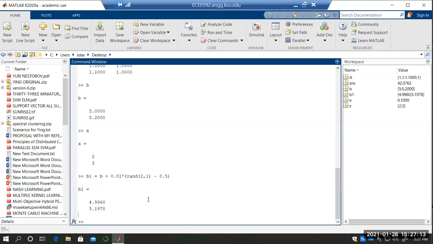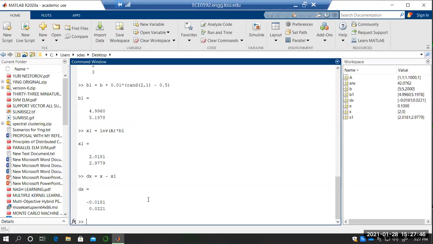Now x1 equals inverse of A star B1. This is x1. And how does it compare with x? dx, delta x, the error, is equal to x minus x1.